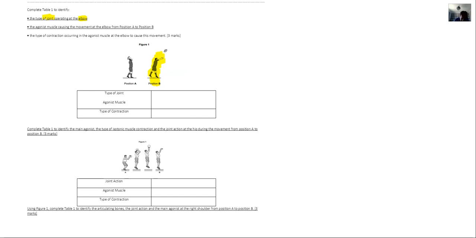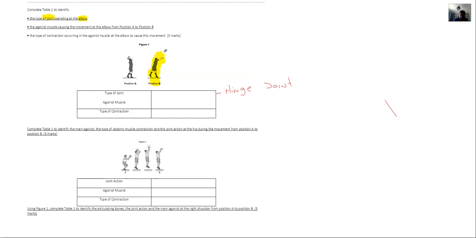So, type of joint is asking at the elbow. We know the elbow, I can't fit it in there, so I'm just going to put it at the side here. Okay, we know the elbow is a hinge joint. Okay, we then need to think about the movement. So if you're unsure on the muscle, first of all, you've got to work out what type of movement is occurring.